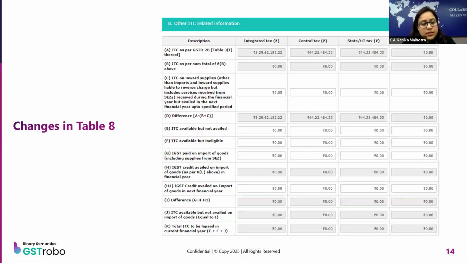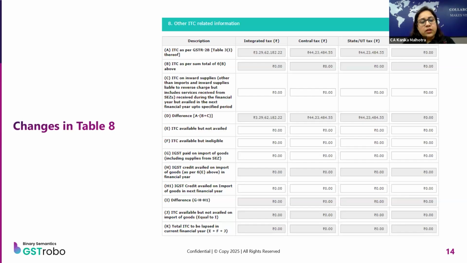Another insertion has been made through tables G, H, and H1. What do they talk about? They talk about the import of goods, right? Earlier, if you imported any goods and paid IGST, only the ITC that you had availed was reflected.